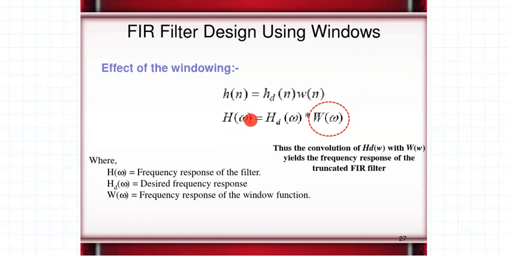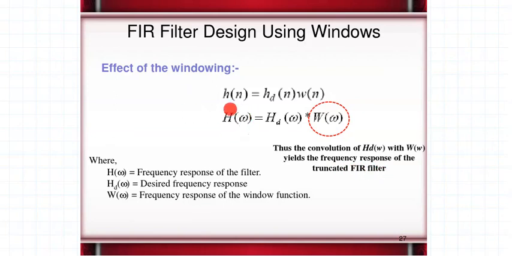frequency response. Since this Hd(ω) is obtained from the filter specifications, this cannot be changed. To modify this filter, the window frequency response plays a very important role. Therefore, we can say that the convolution of Hd(ω) with the window function results in the frequency response of our truncated impulse response.